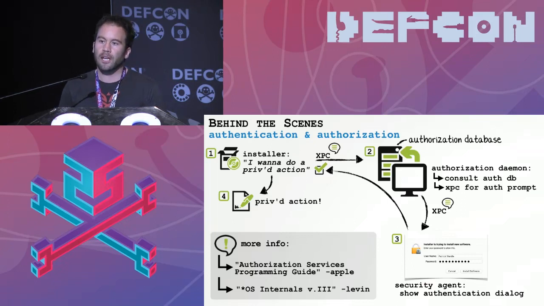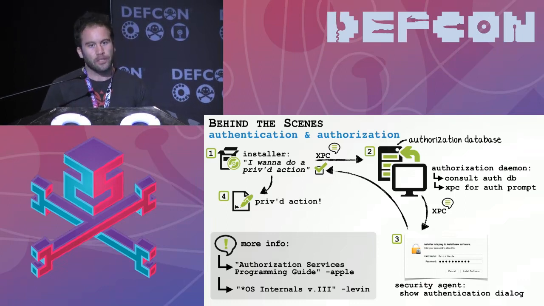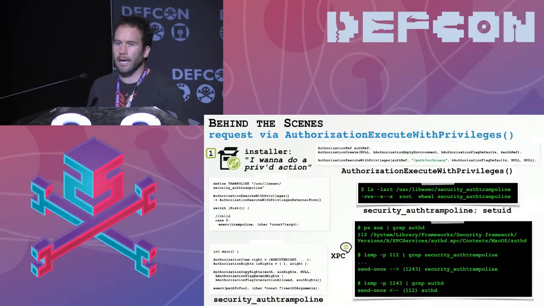So it does this by sending another XPC message to the security agent. This agent is then responsible for showing the actual authentication prompt. And then once the user enters the correct credentials and they're validated, the application that requested this higher privilege action is then allowed to perform it.